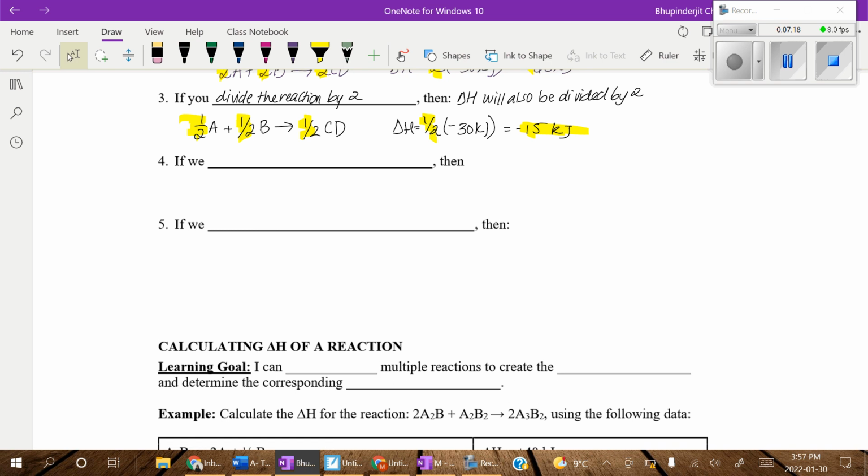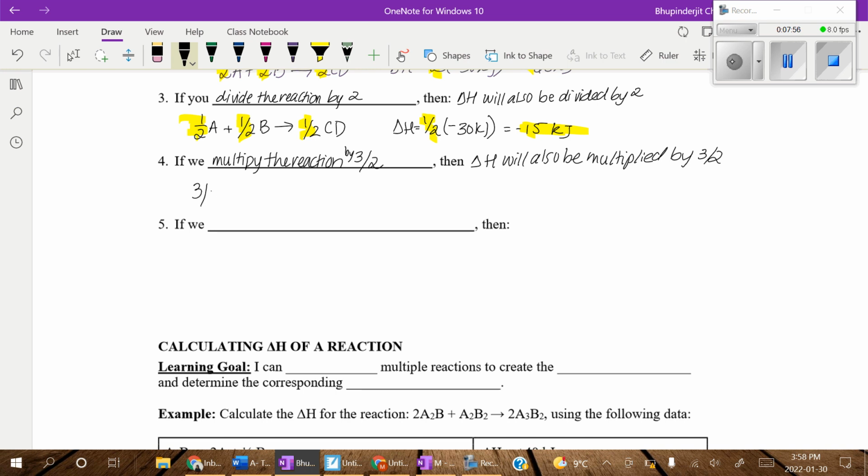Next one. If we multiply the reaction, I'm going to give you a different one here, by 3 over 2, then delta H will also be multiplied by 3 over 2.